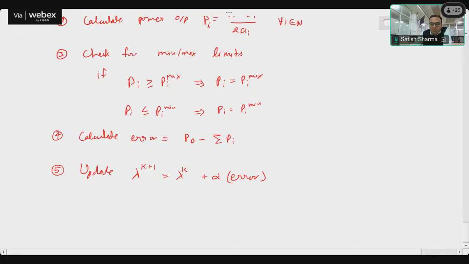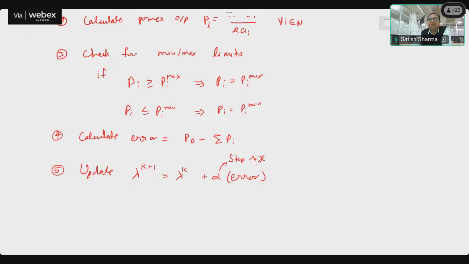If, let's say, the initial lambda was very high, in that case generators will be producing more and this error will become negative. If it is negative, then this negative error will reduce the new lambda, and then the generator outputs will be reduced. Here this alpha is basically the step size, that is, how much change in lambda you are allowing.